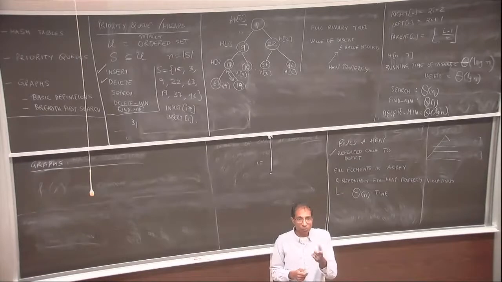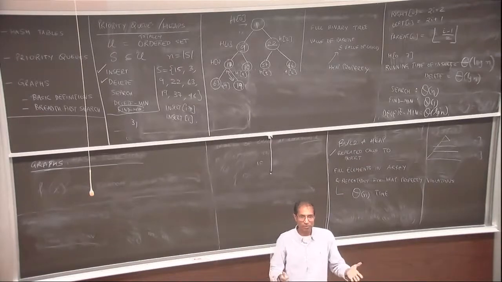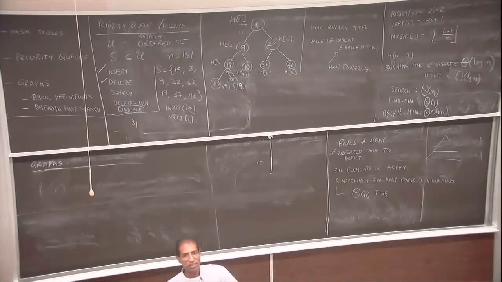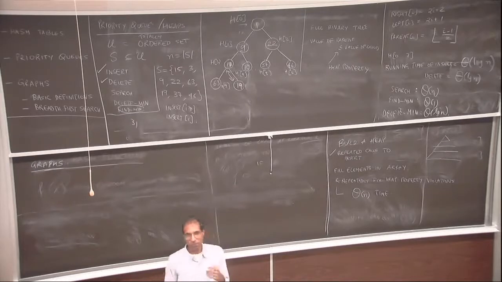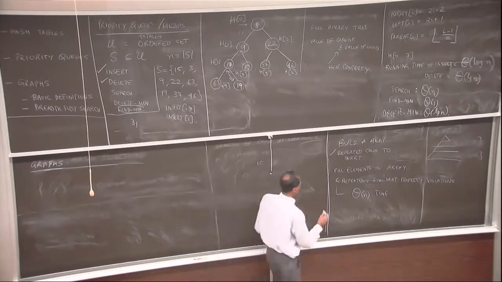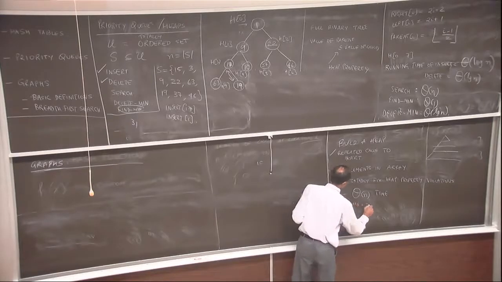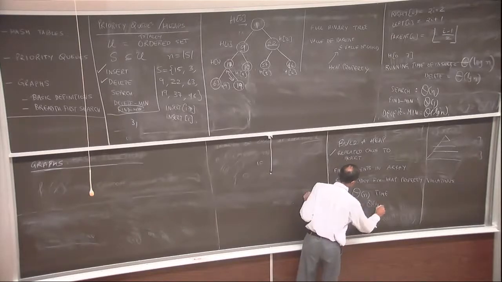And that is exactly what heap sort does. The heap sort algorithm is: take all the elements, put them in a heap, and repeatedly remove the minimum. And that's heap sort. Build the heap, but remember, delete min takes log n time.